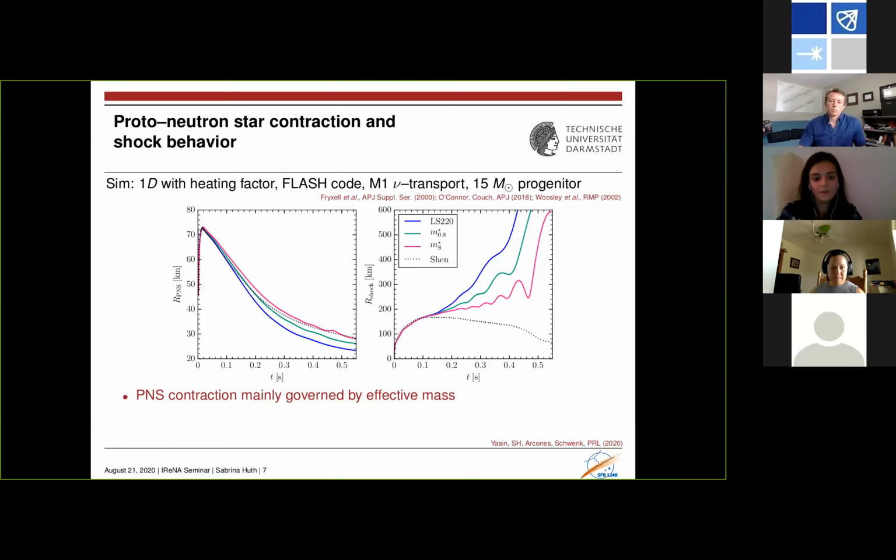Okay, so this again shows that the effective mass is really the key quantity that governs the proto-neutron star contraction.